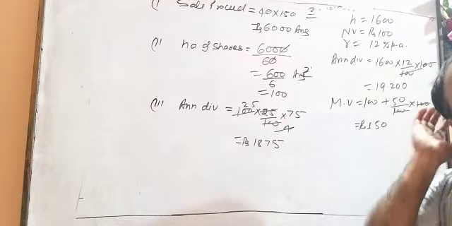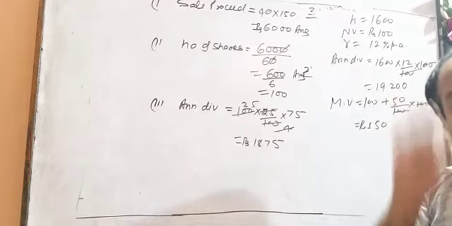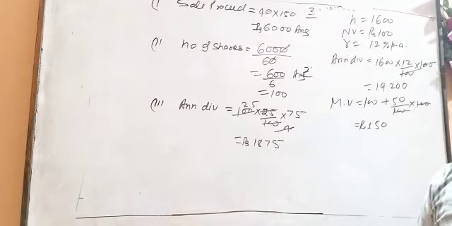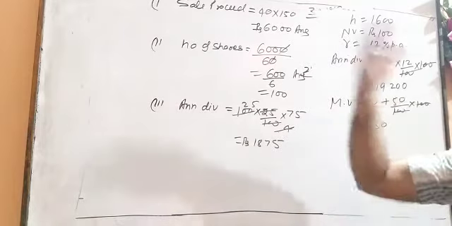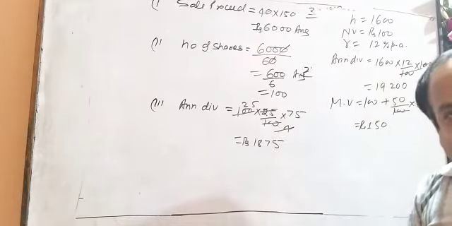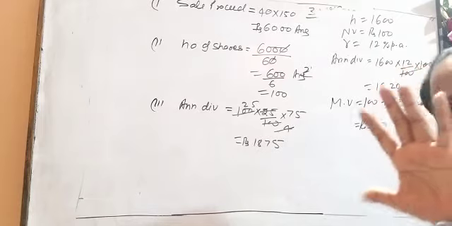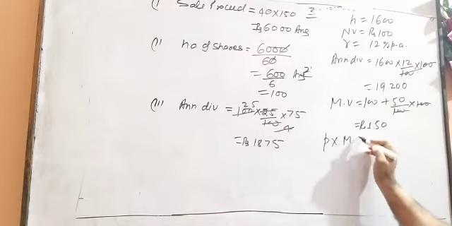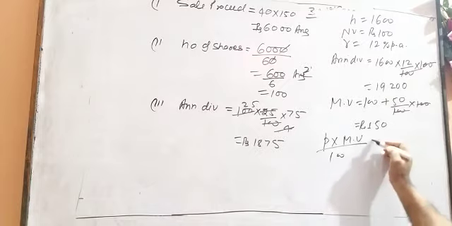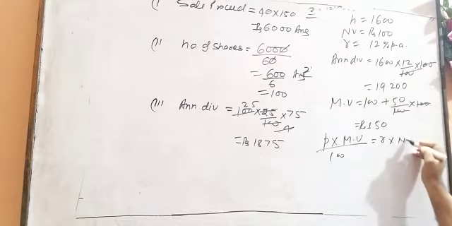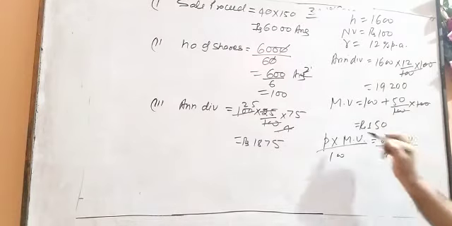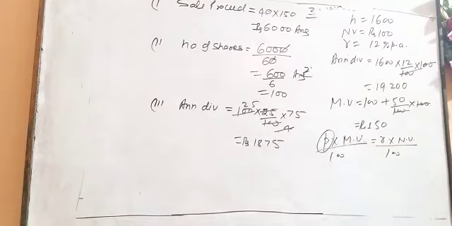Percentage return on the investment means P. We have two options: annual dividend upon sum invested into 100, or the fifth formula which I have given, P into MV upon 100 is equal to R into nominal value upon 100. We want to calculate the profit percent.